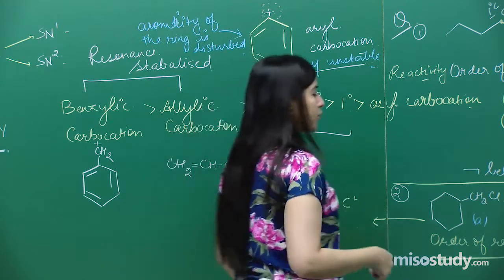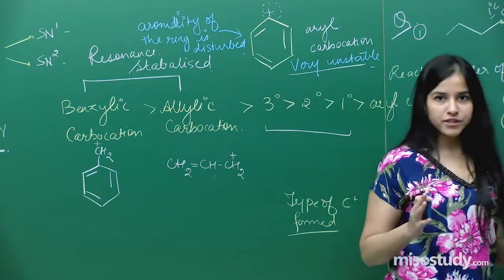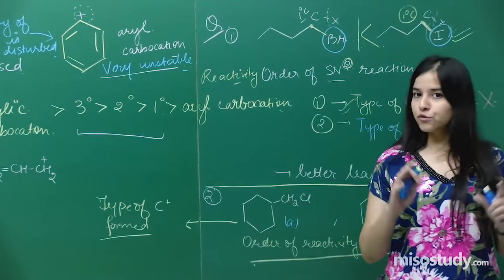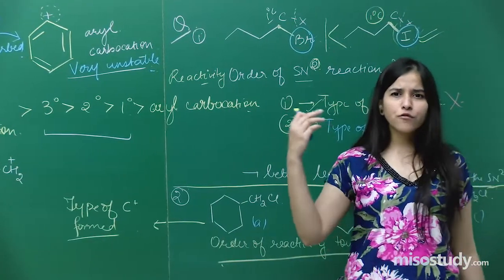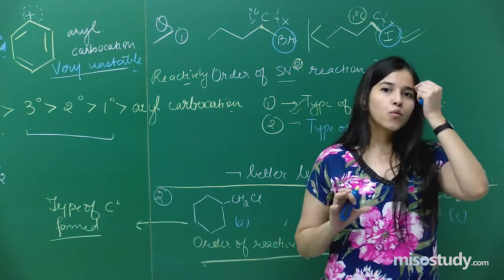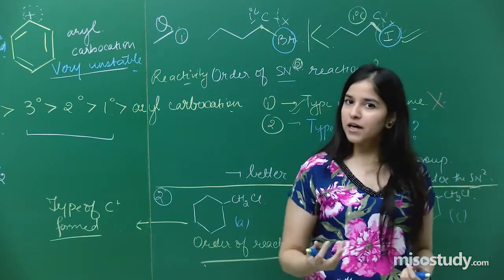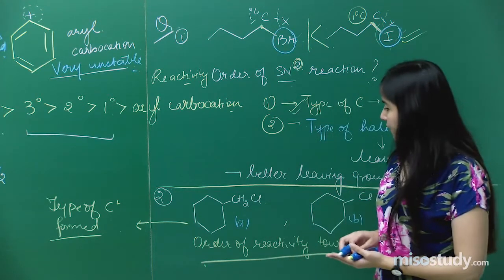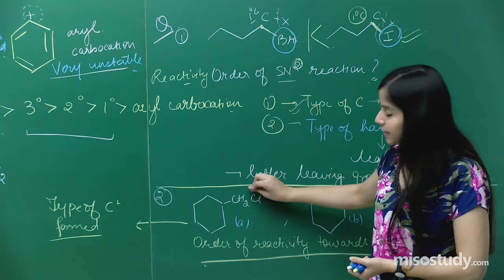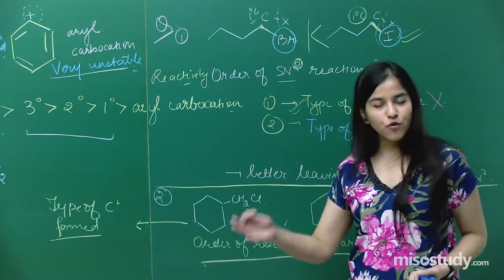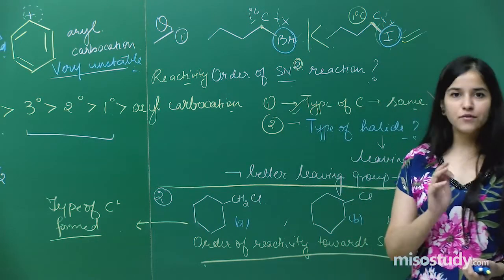Now what will be the approach to find out the type of carbocation? Over here you need not go into the detail of writing the entire mechanism. What you just need to do is see how the carbocation is formed. The carbocation is formed when this Cl goes off, this halide gets removed, and that is how the carbocation is generated.